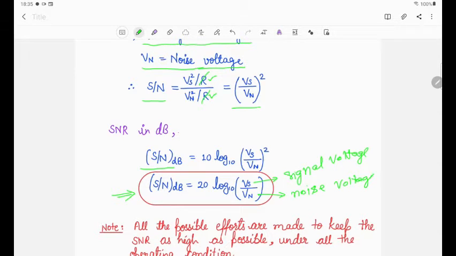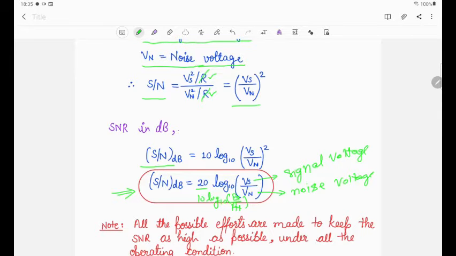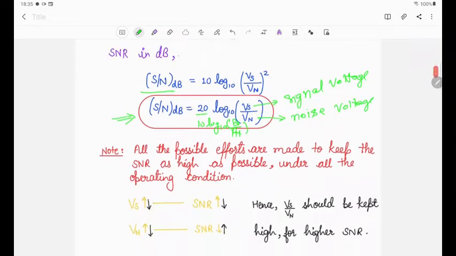So either we can define signal to noise ratio in terms of power, 10 log base 10 PS by PN, or in terms of voltage, 20 log base 10 Vs by Vn. So this is the definition of the signal to noise ratio.